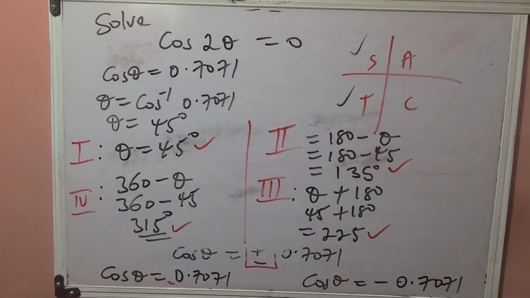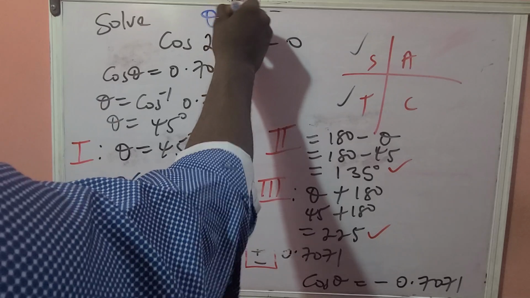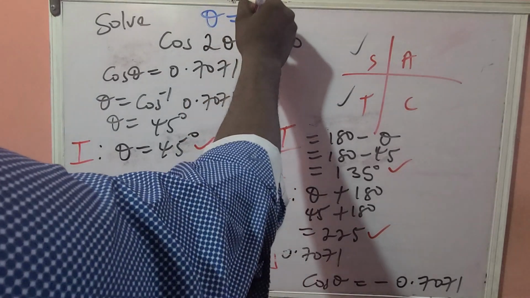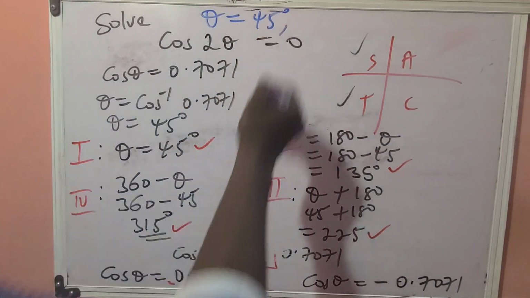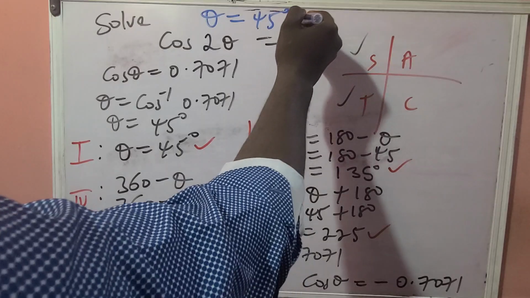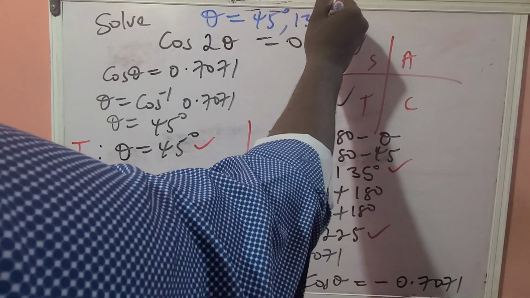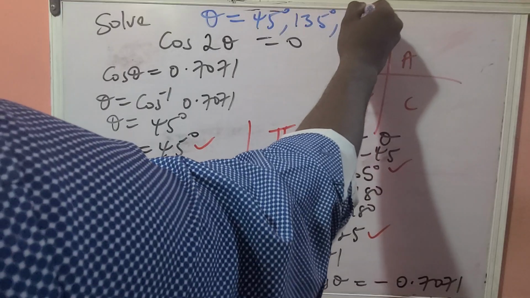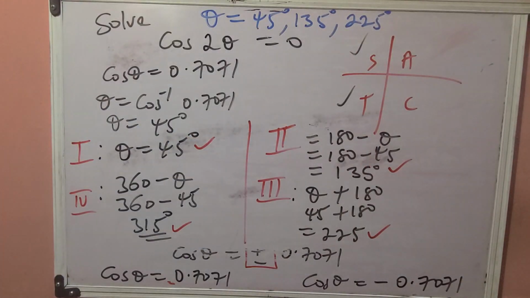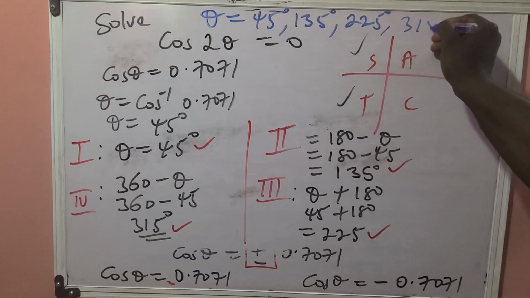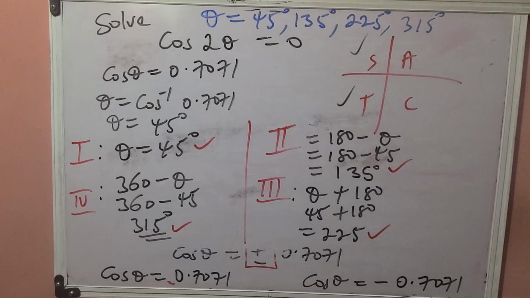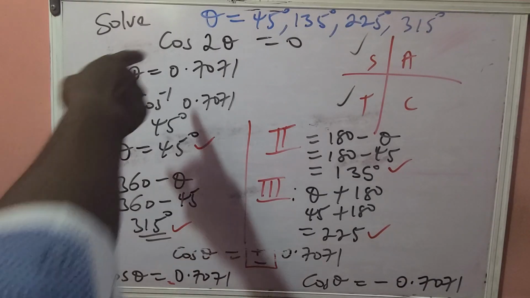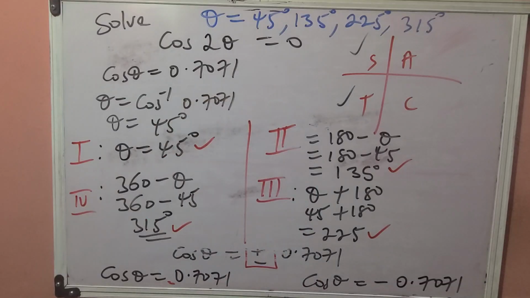So our final answers for theta will obviously be, number one, 45 degrees, then 135 degrees, then 225 degrees, then also 315 degrees.